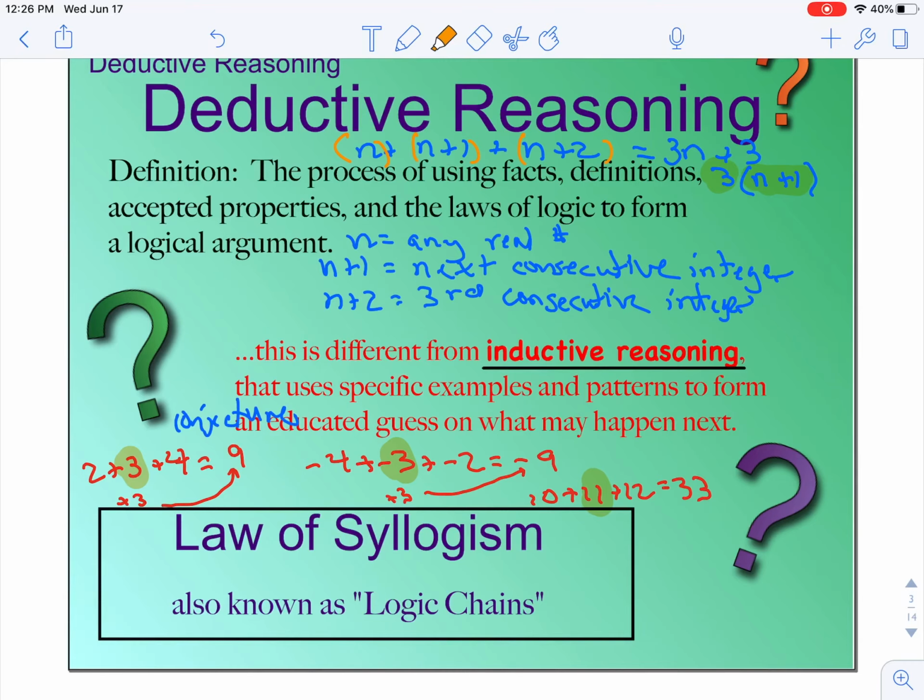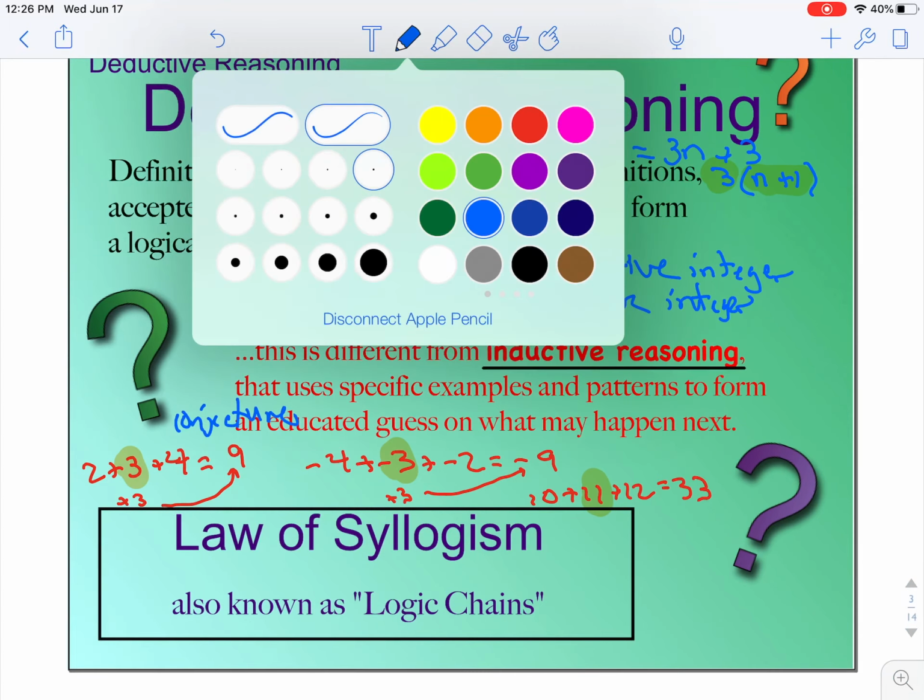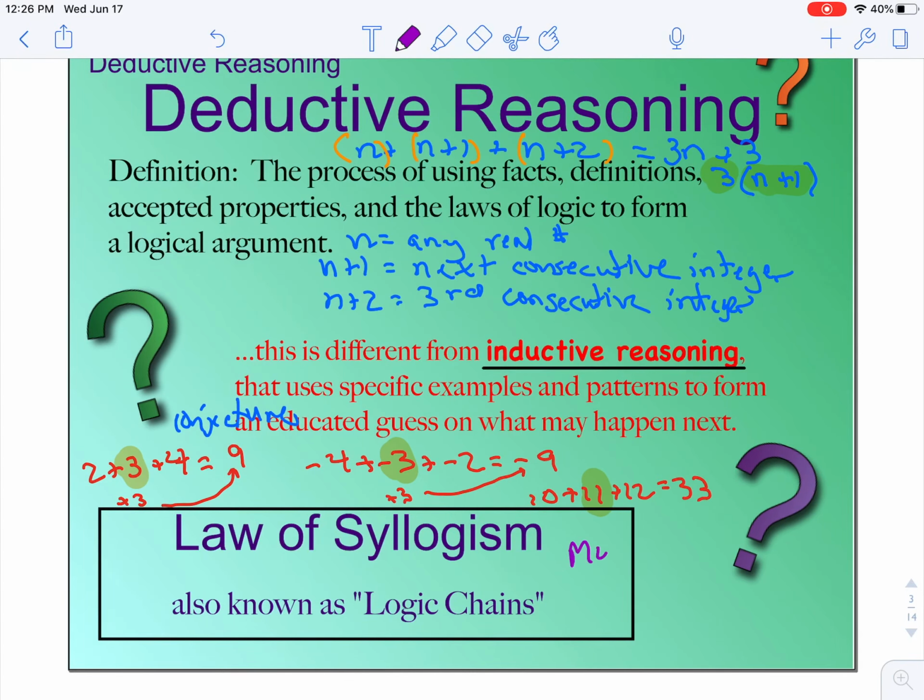So, what is the law of syllogism? Well, that's your logic chains. That is multiple conditional statements that are related in a chain.